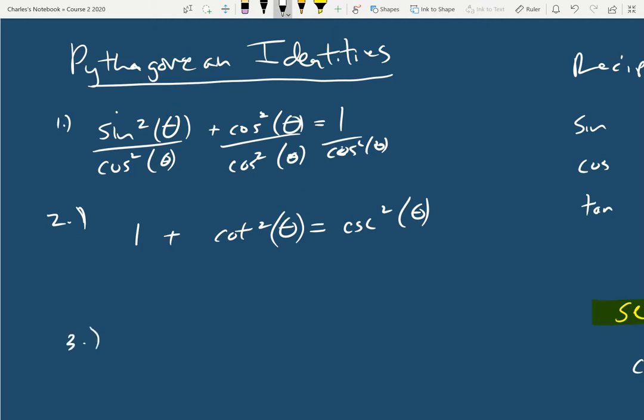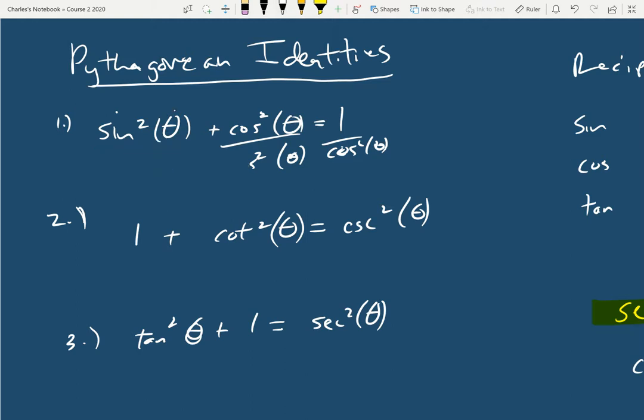So that is going to be sine over cosine, which is tangent squared of theta, plus cosine squared over cosine squared, that's 1, is equal to 1 over cosine squared, which is secant squared of theta.